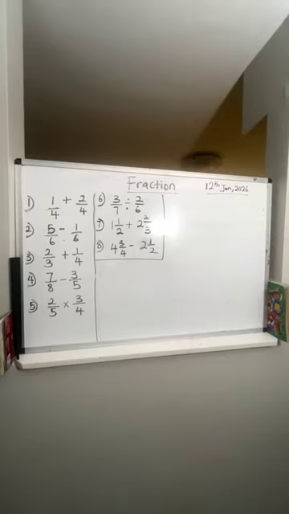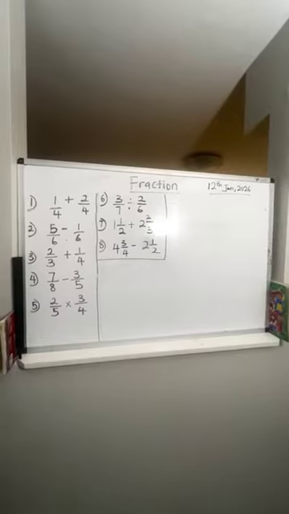Then number 4, we have subtraction with different denominators. 5, we have multiplication of fractions. And 6, we have division of fractions. Then we have number 7, mixed numbers addition. And lastly, we have mixed numbers subtraction. Now, we are going to take it step by step. Let's go.